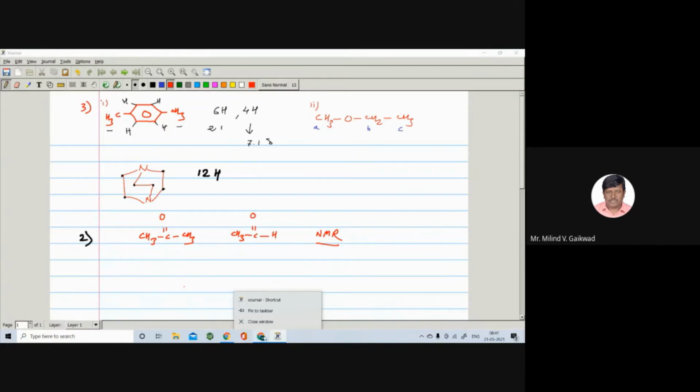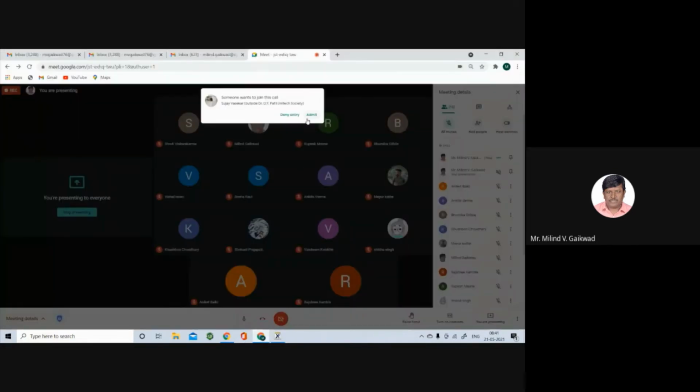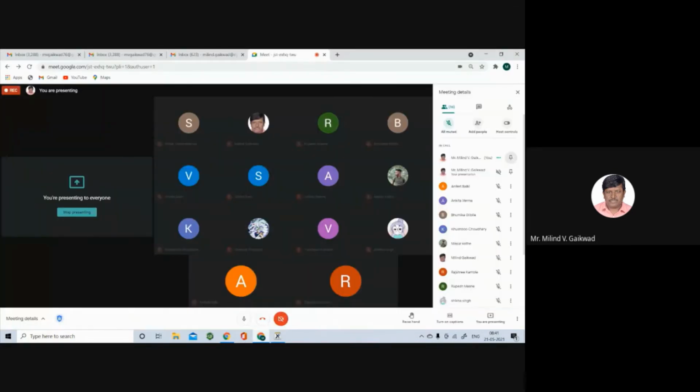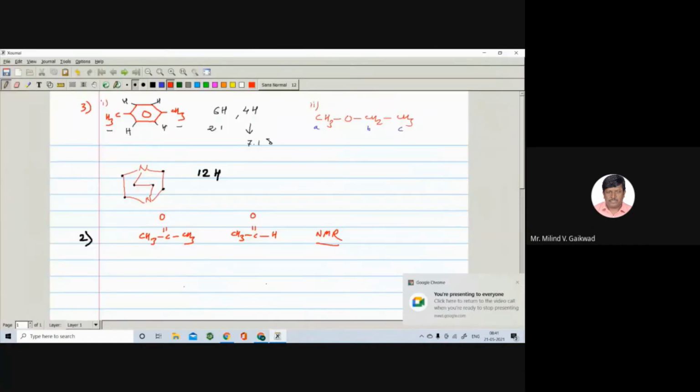So simple, you have to see the example. In this example, you will see that in the NMR, how many signals are you having in A and B? In A you are having one signal, and in B you are having two signals.